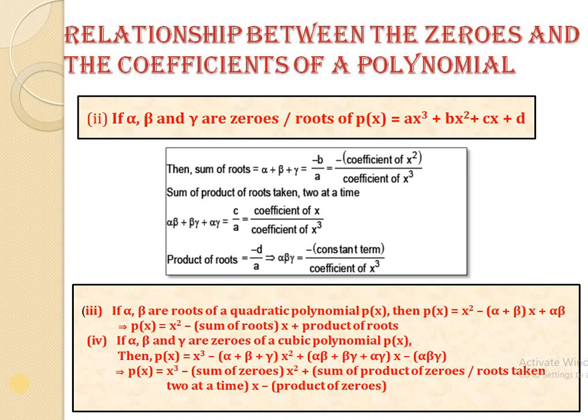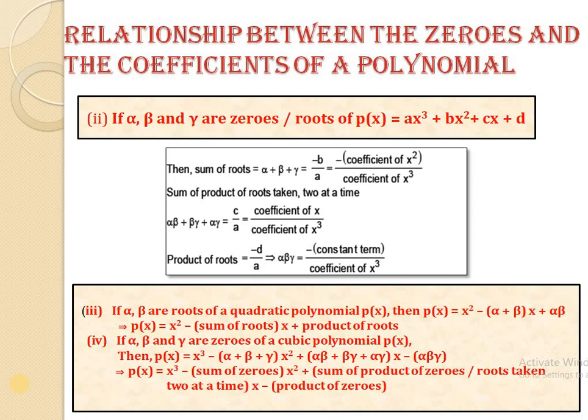Now suppose the roots of a quadratic polynomial are given and you have to form the polynomial. So one formula is there, which is p(x) equals x square minus sum of roots into x plus product of roots, that is x square minus (alpha plus beta) into x plus alpha beta.